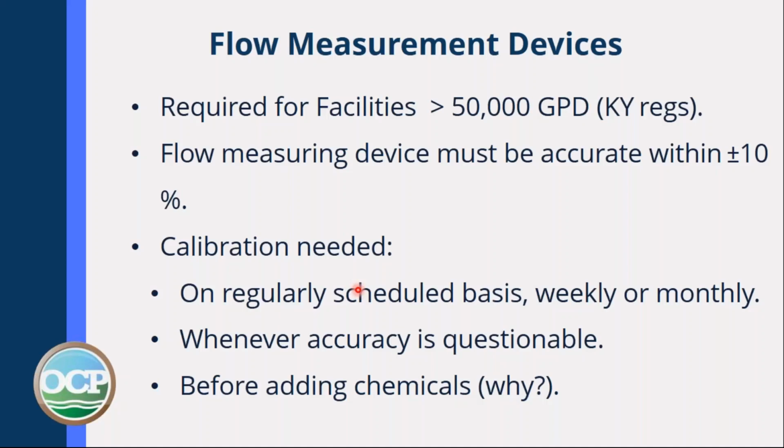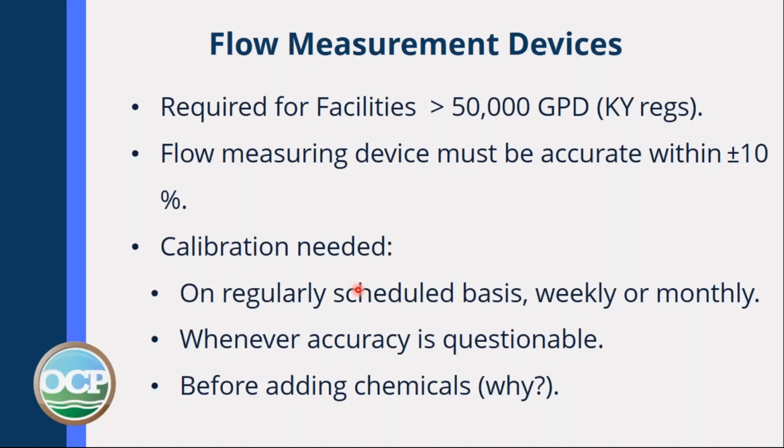And although you're not going to need to calibrate something like a flume or a weir, any other flow meter is going to need to be calibrated. That can be on a scheduled basis, but whatever that basis is, please stick to it.